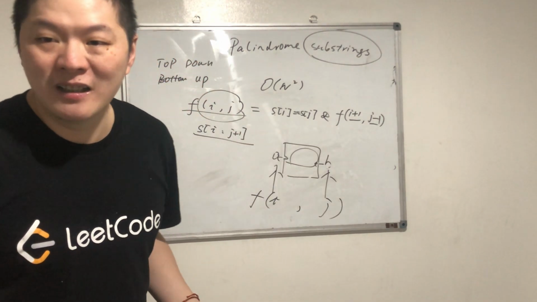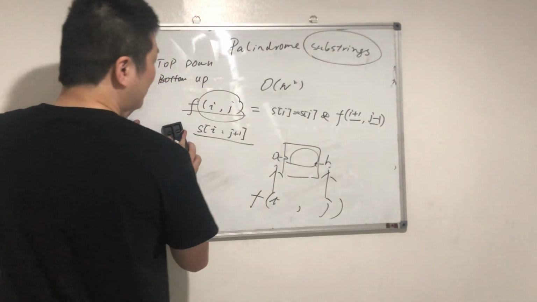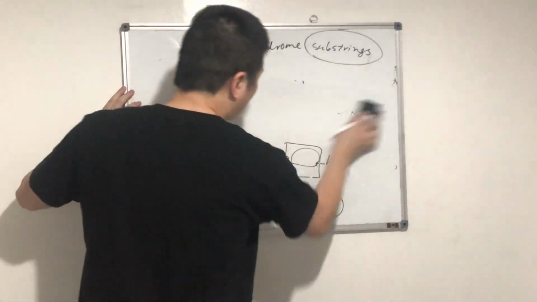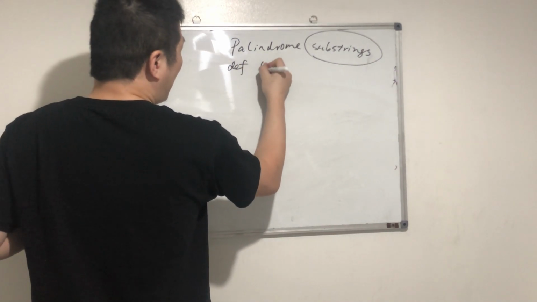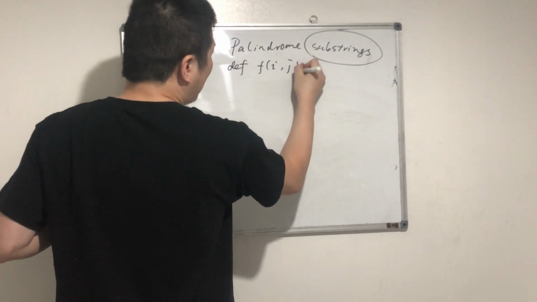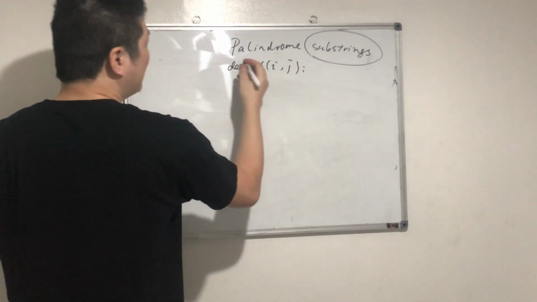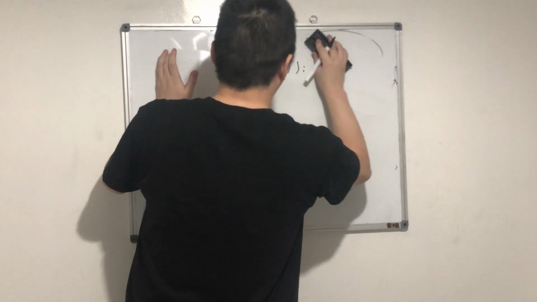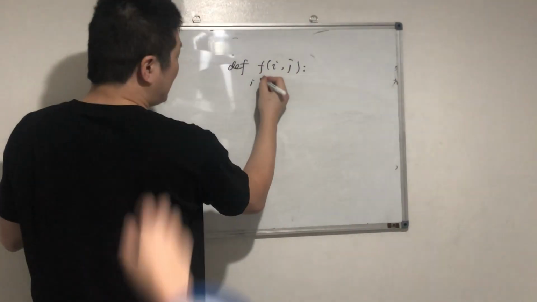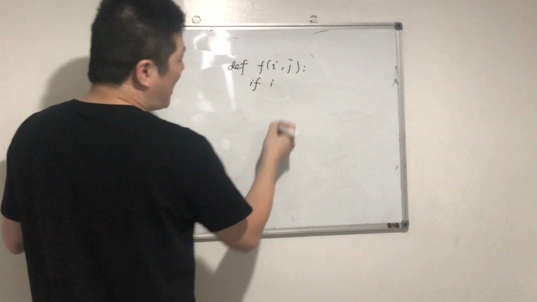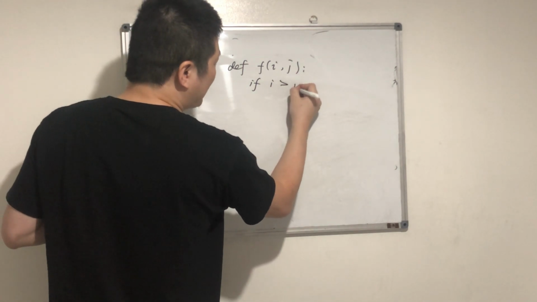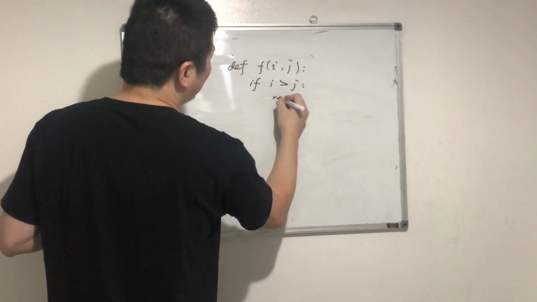We will reduce the complexity. I show you. Define Fij. Okay, so now I'm going to write it. If i is bigger than j, I will return true for now.